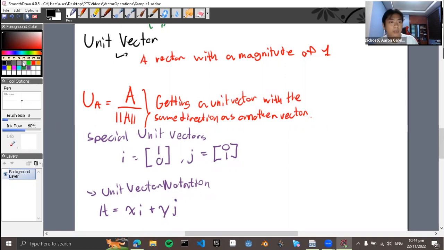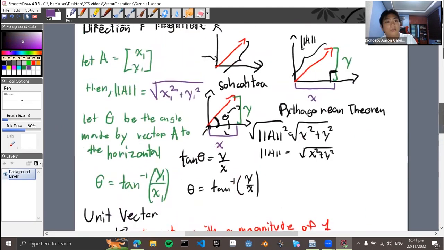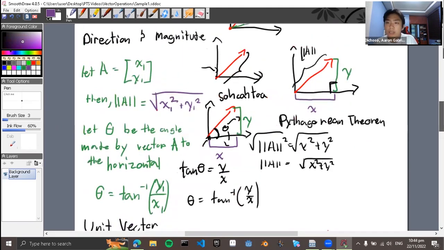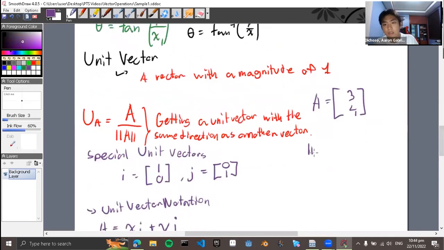Let's say we have a vector here, A, (3, 4). Ganun kasimple lang. So for the sake lang of example, then I'm also going to get its direction. So the magnitude of A would just be equal to, sinabi nga natin, square root of x squared plus y squared.